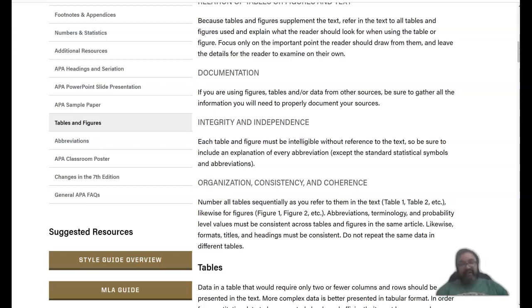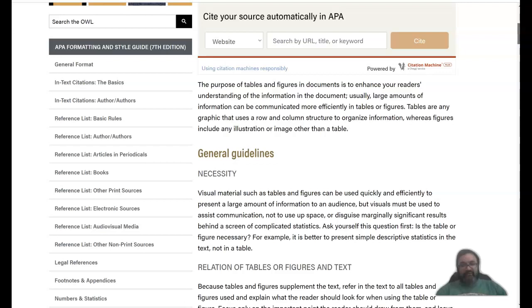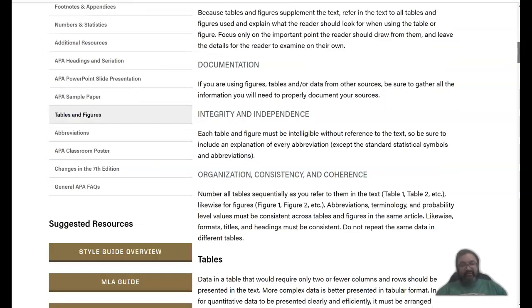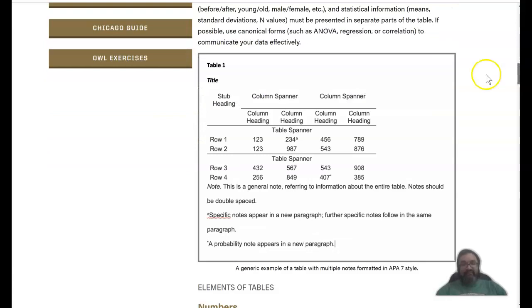However, again, we're taking a look at the APA. So what I'm going to be telling you about is how to arrange and how to label APA tables and figures. And this is a Purdue website, and you can access this anytime you want.